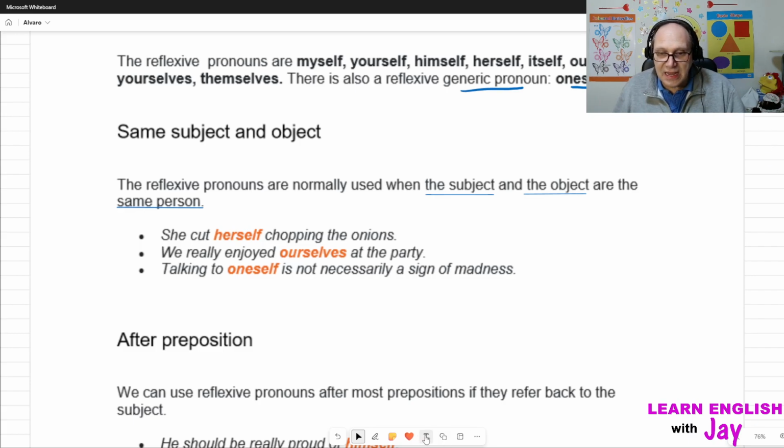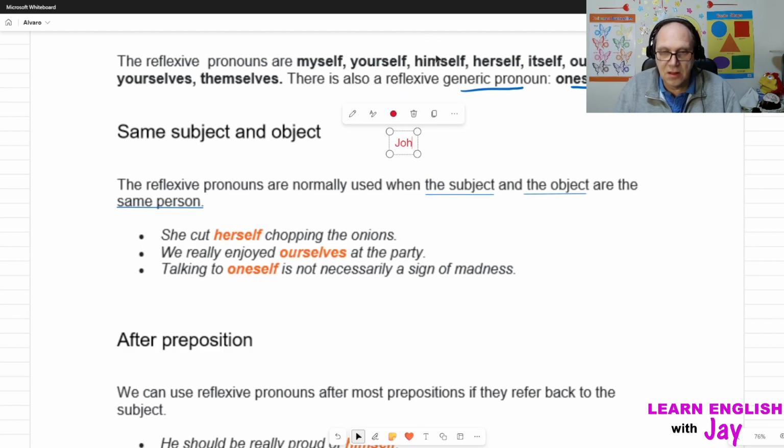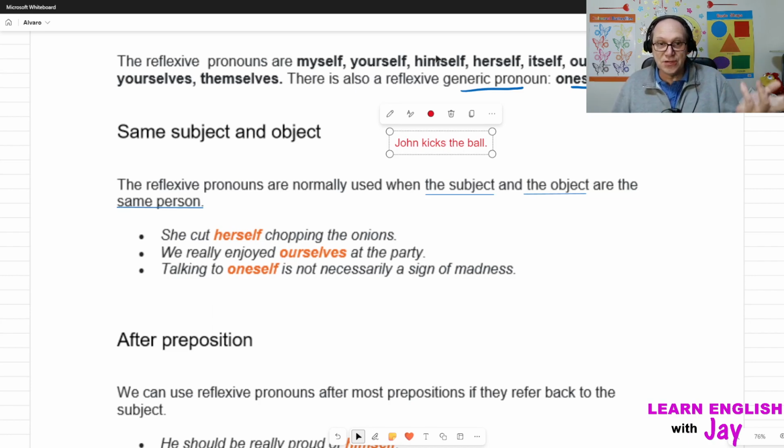So normally in a sentence, we would, for example, have something like John hit the ball. Oh, well, he didn't hit the ball. Let's say kick. John kicks the ball. So John being the subject, the ball being the object. So those are totally different.